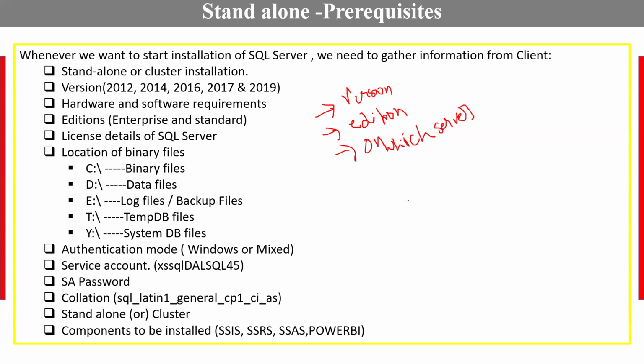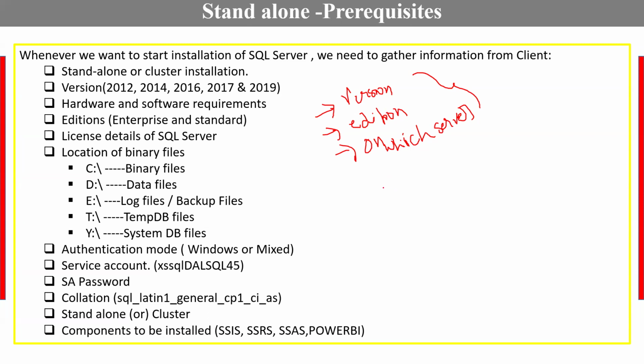First, you want to know on which server, which version, which edition you want to install SQL Server. If you know this, at least you have a better idea, sir. On so and so server, so and so version, so and so edition, I need to install SQL Server. Better. Okay, now fine. These are the three basic points everyone must know: on which server, which version, which edition I want to install SQL Server.